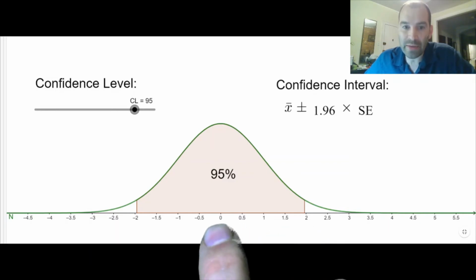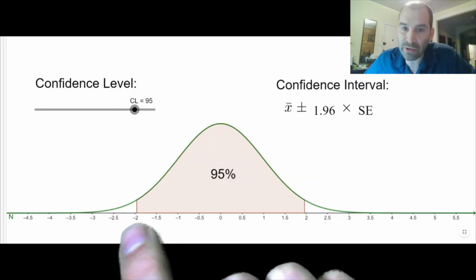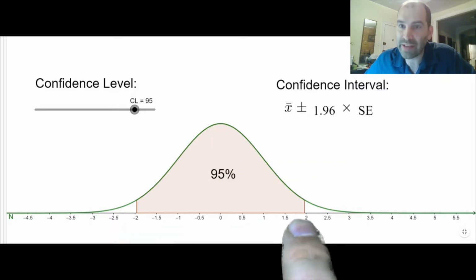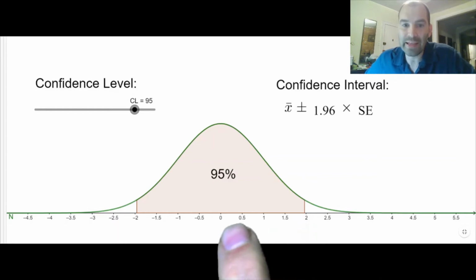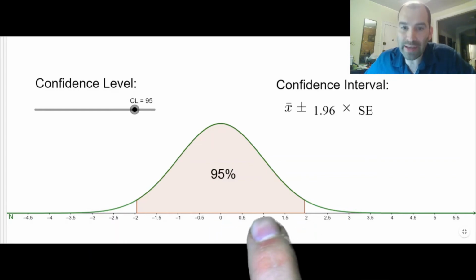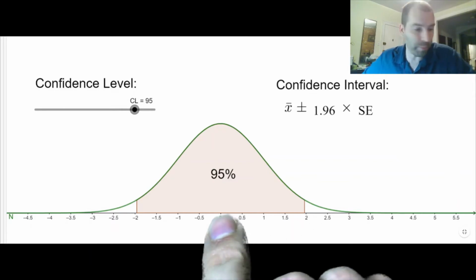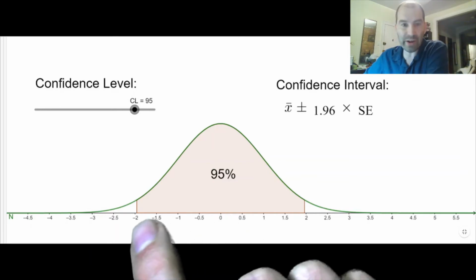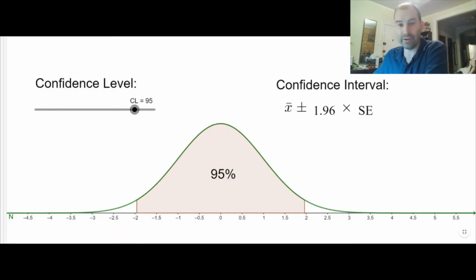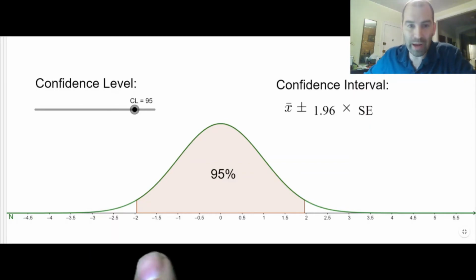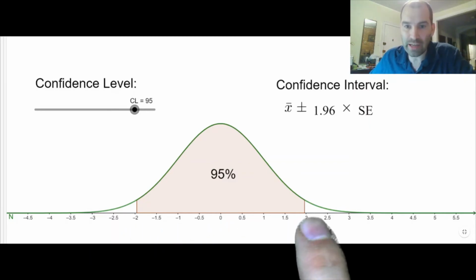If you look at the value, it's just short of -2 here and just short of +2 here. The exact value is 1.96. So if I move 1.96 standard errors to the right, I will get to here, and if I move 1.96 standard errors to the left, I get to here. That's what I need to shade in this region.